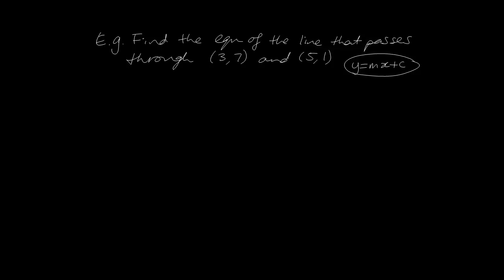In an earlier session we looked at this formula for finding the gradient, y2 minus y1 over x2 minus x1. And we're going to use the same formula to find the gradient in order to find the equation of the line. So that's going to be my x1, y1. That's going to be my x2, y2.